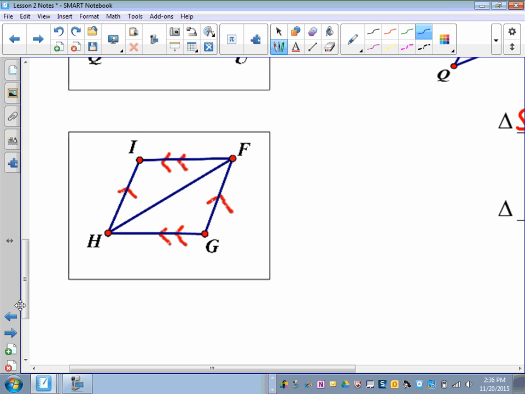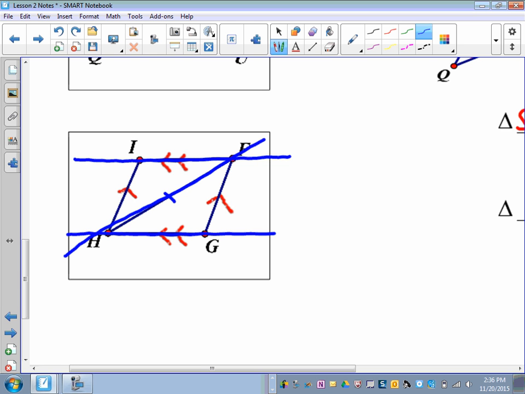Alright, again, you don't know stuff about parallelograms. You probably don't even know that word yet. So we have HF is congruent to itself. HF is congruent to itself. Now, again, we have parallel lines. So just like we did before, here are parallel lines. Here's my transversal.